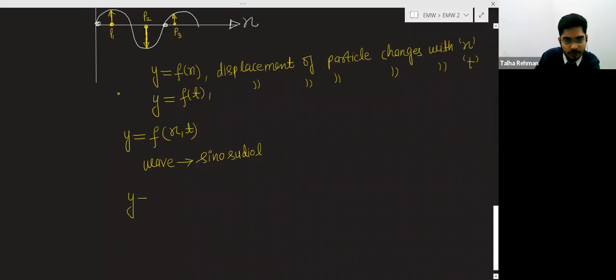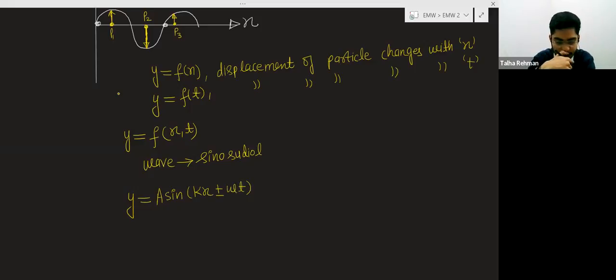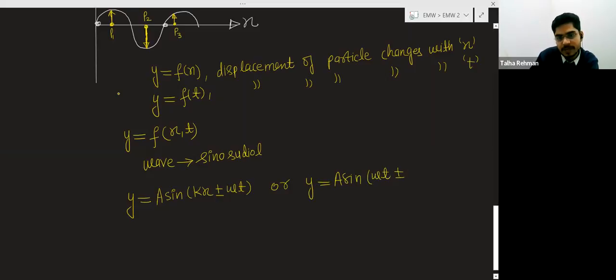So you can write y is equal to a sin(kx plus minus omega t). Or you can write the equation of wave like this: y is equal to a sin(omega t plus minus kx). So this is the equation of the wave.